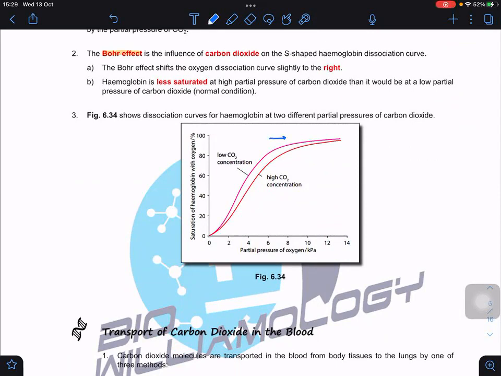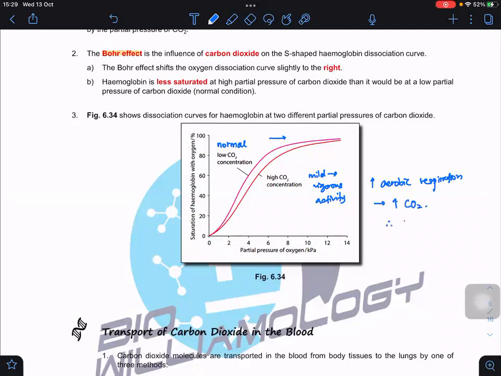So write down, low CO2 concentration means normal. Are you clear? Normal, not vigorous activity. It's just a normal activity. High CO2 concentrations basically means that when we have mild to vigorous activity, where we have high rate of aerobic respiration, when we have high rate of respirations, then we release more CO2.